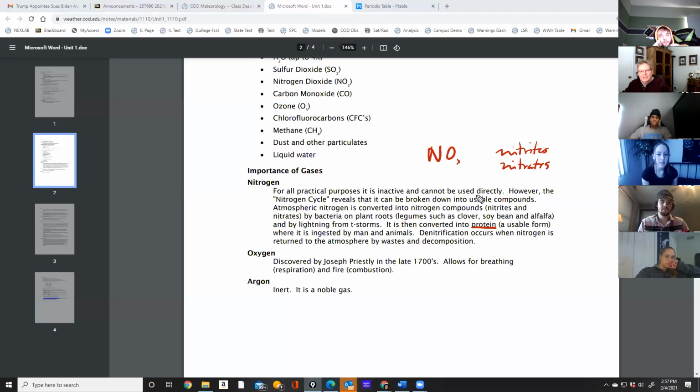So what breaks down nitrogen into a usable form? The answer is bacteria on plant roots. And those plants are called legumes. Have you ever heard of legumes before?